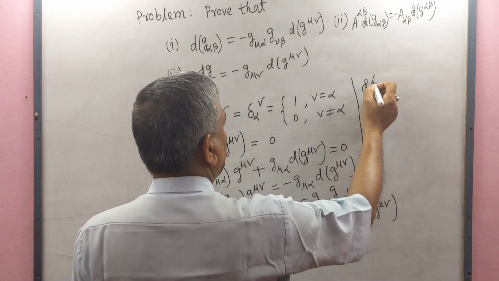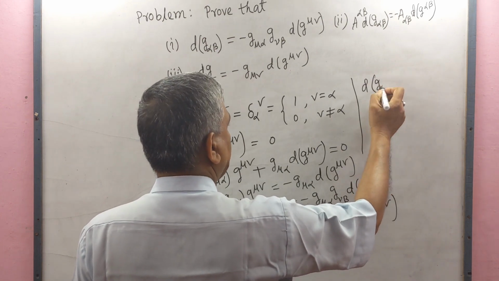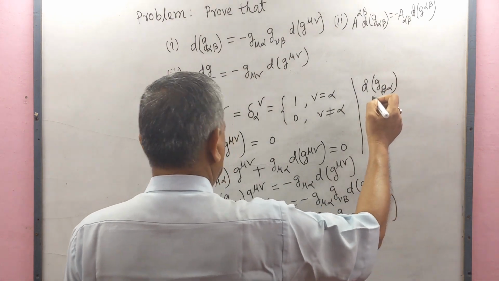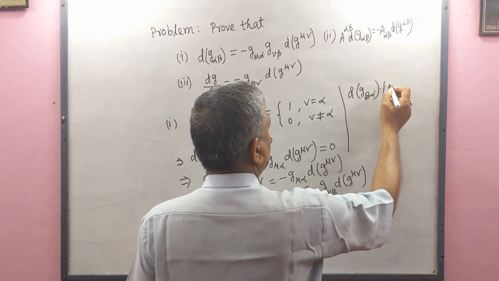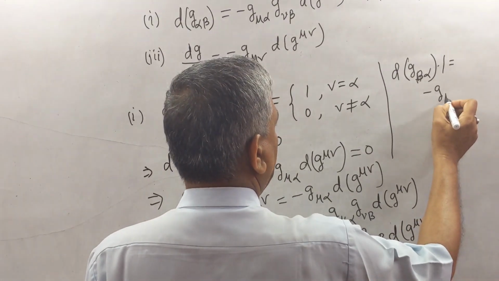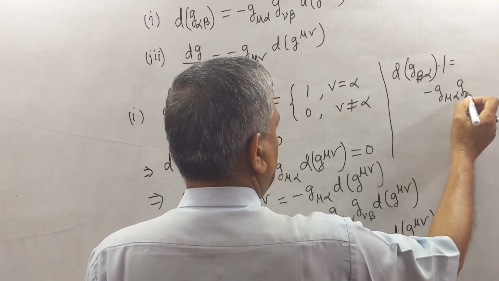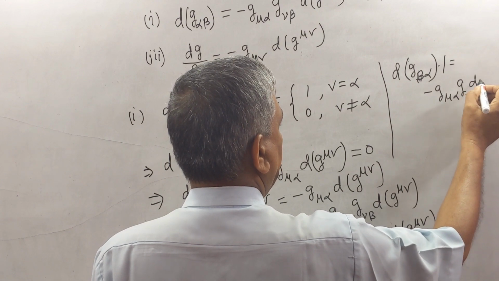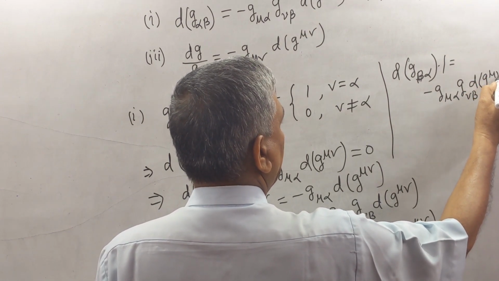d g mu, value of mu is beta alpha, this is 1, equal to minus g mu alpha g nu beta d g mu nu.